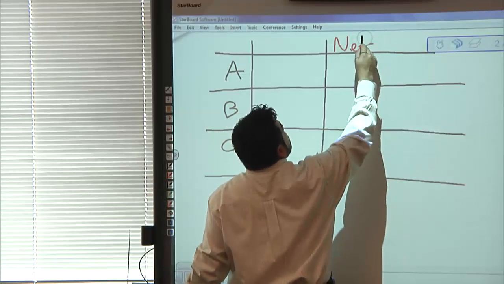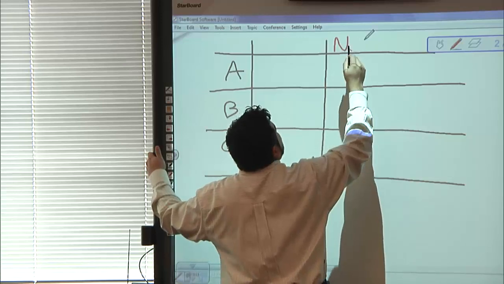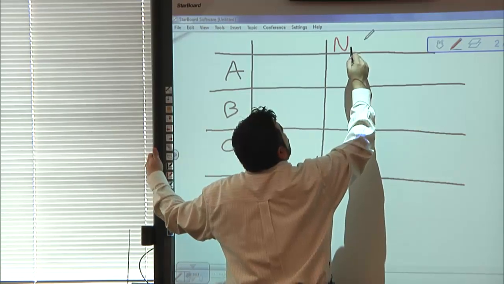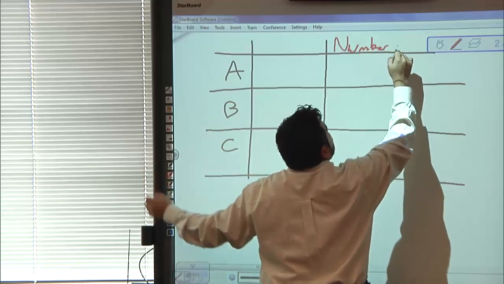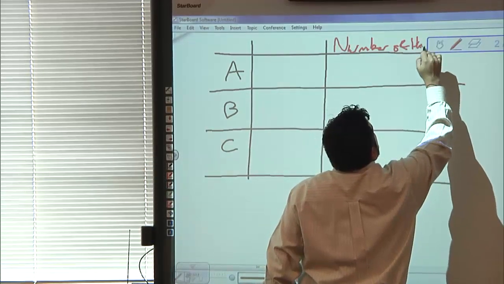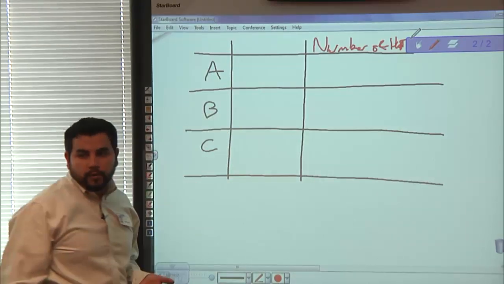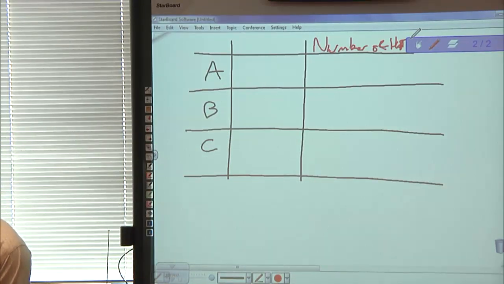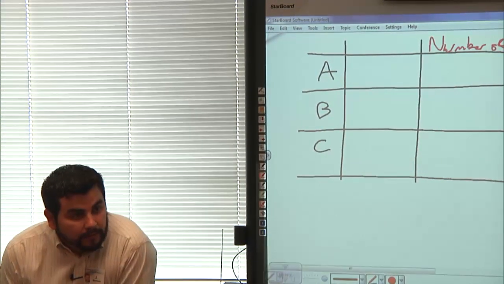So for instance, if I said you have a Class A address, what does that mean? You have a ton of hosts. What would be another important thing about a Class A, B, or C address? How many networks there actually are.